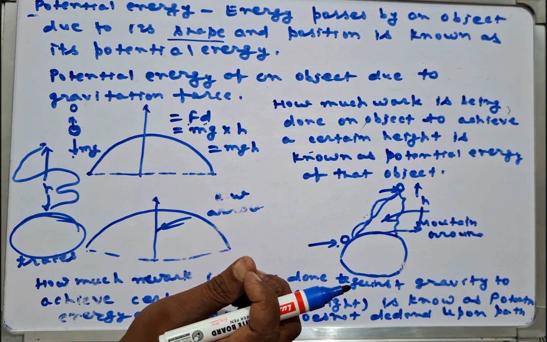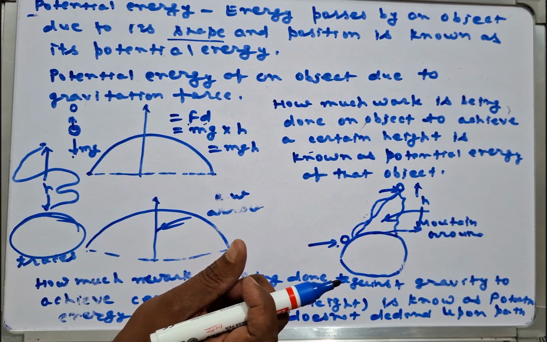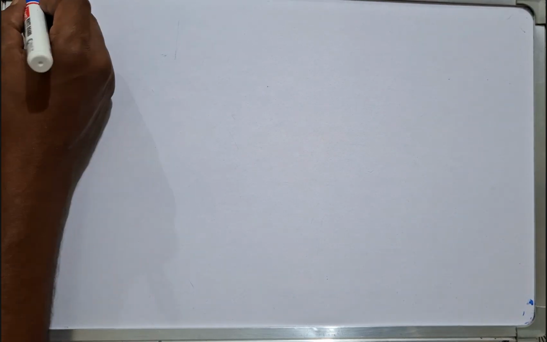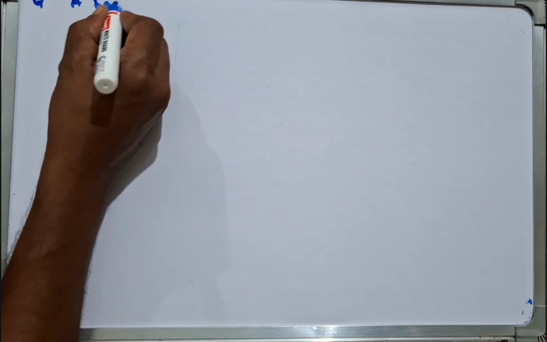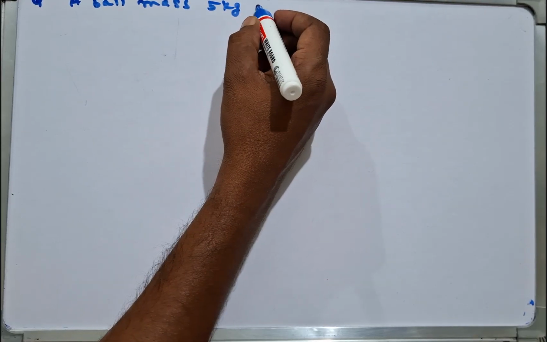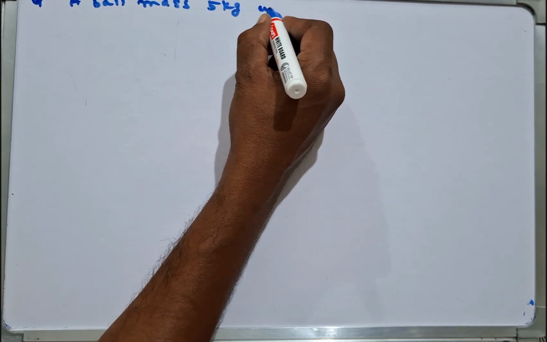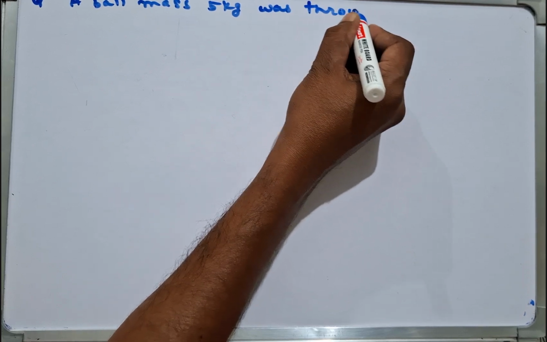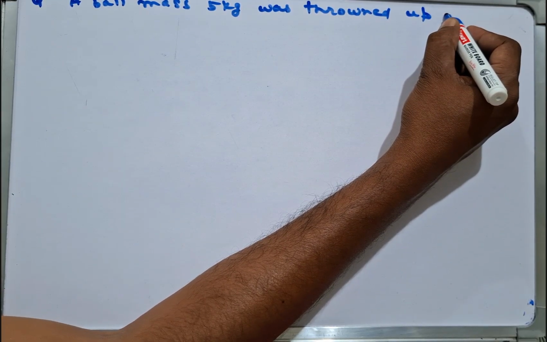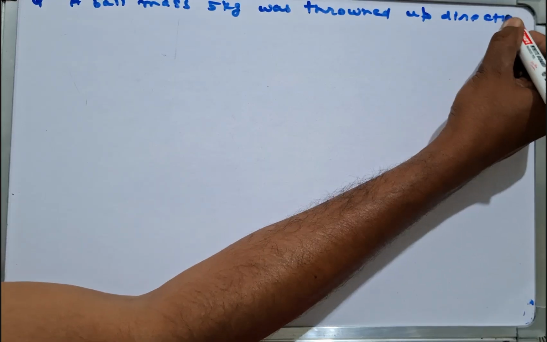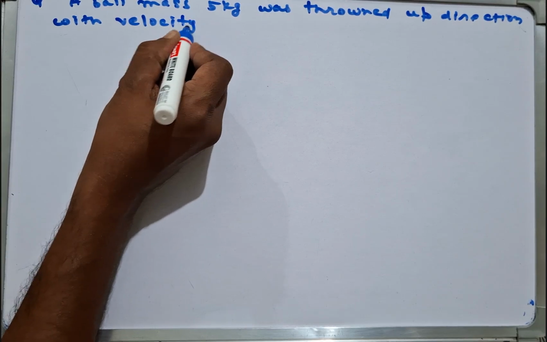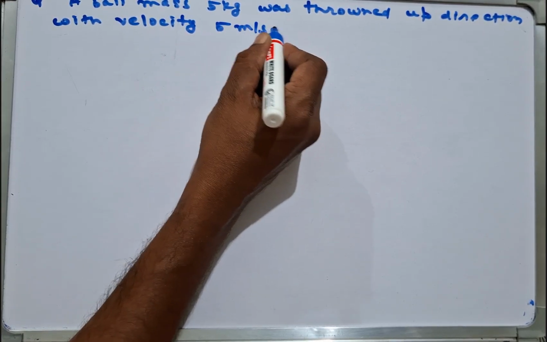Okay, so now see one numerical problem for your understanding. A question: a ball of mass 5 kg was thrown in the upward direction with velocity 5 meter per second.